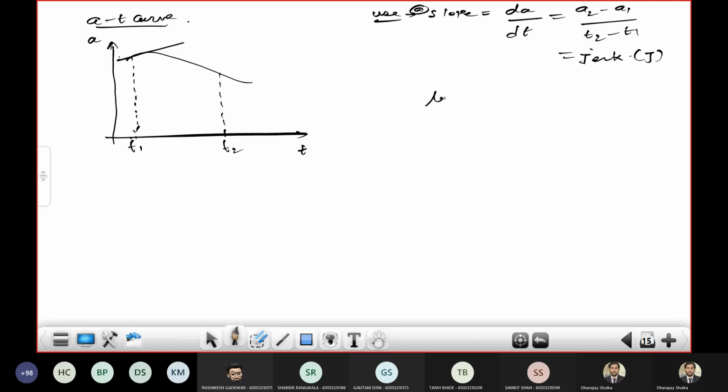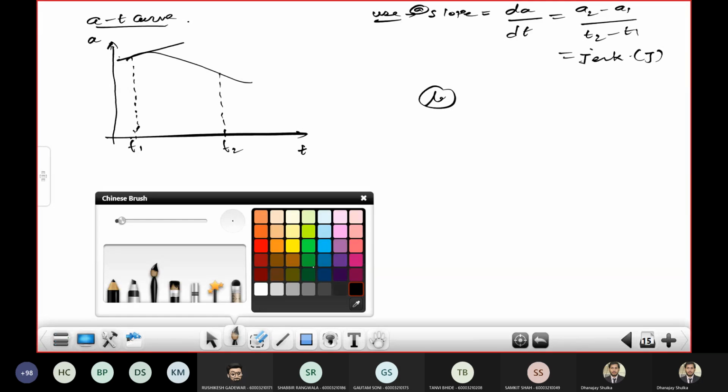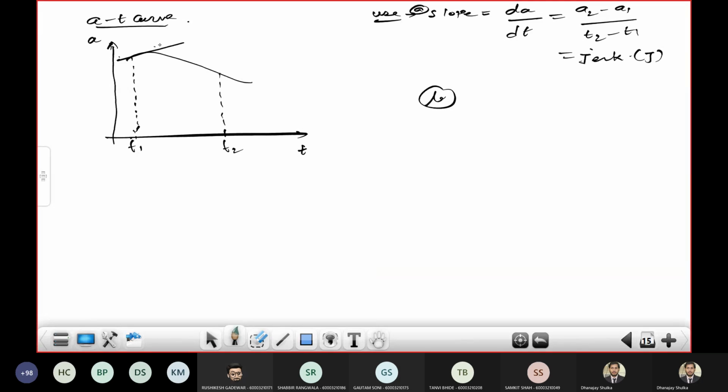Okay. Next thing is what? I can consider any strip in between this area randomly, of thickness, let's say delta t. This is my strip, dt. If I consider the area of this strip, this is the elemental area, not the total area.